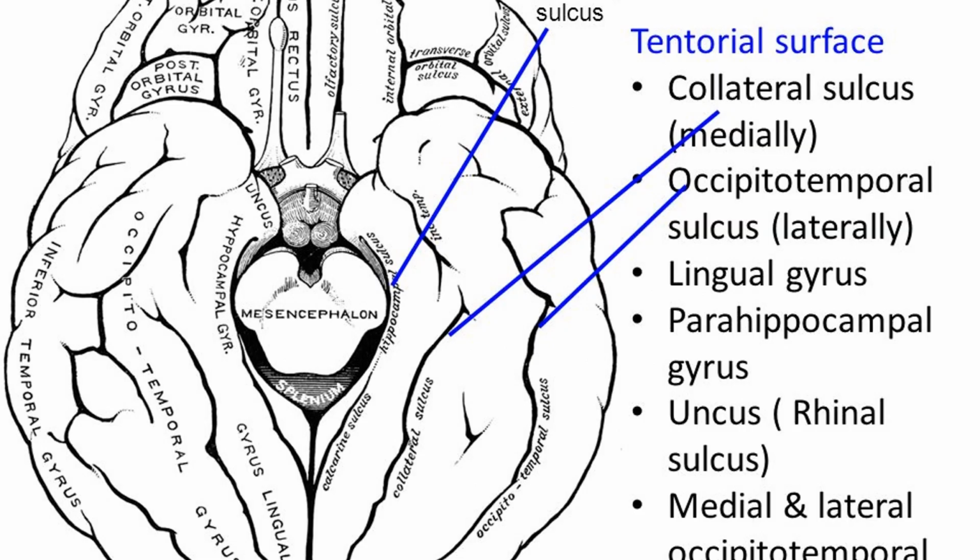In this picture, you can once again identify the important sulci and the gyri on the tentorial surface: the collateral sulcus, the occipito-temporal sulcus, lingual gyrus, parahippocampal gyrus and the anterior end of the parahippocampal gyrus, which is termed the uncus.